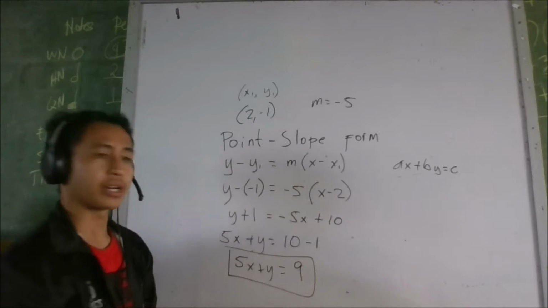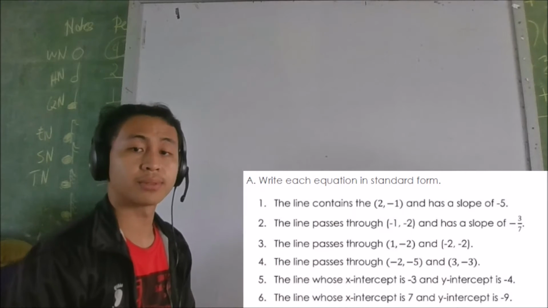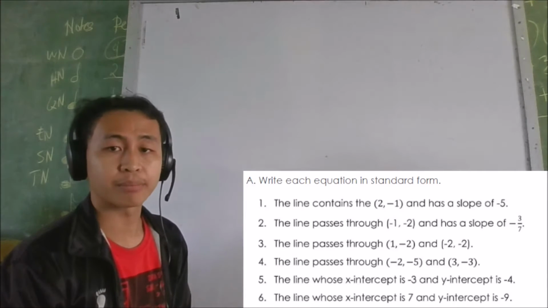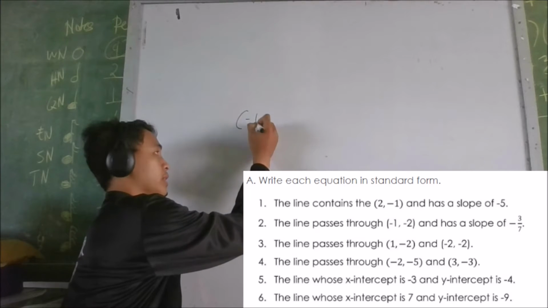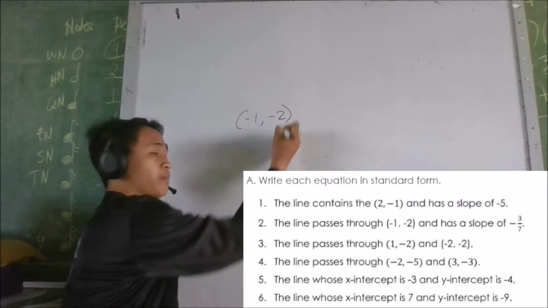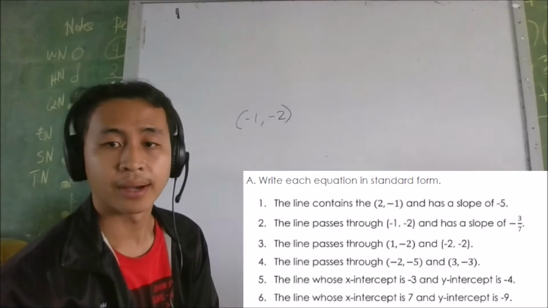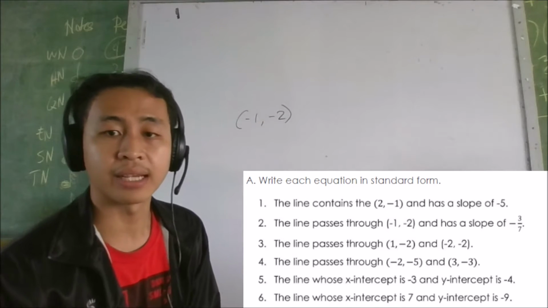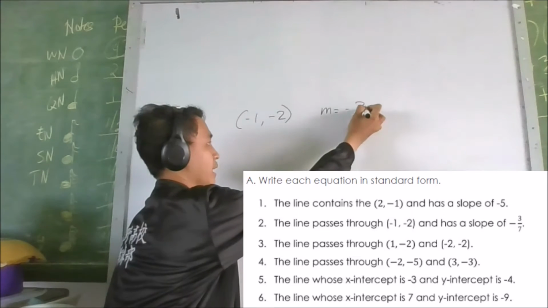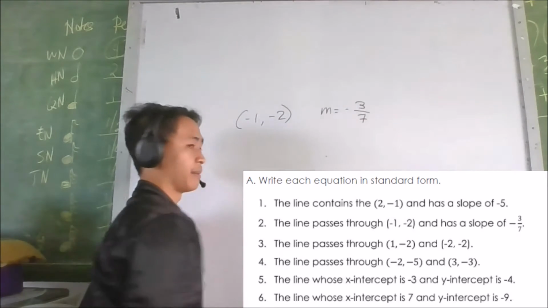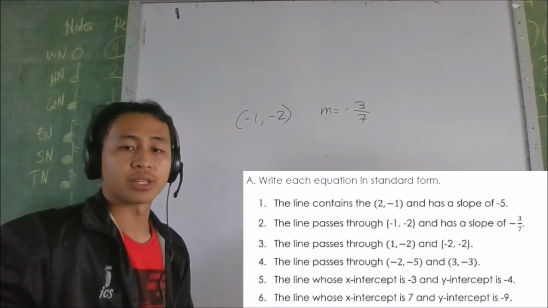That is our answer. Okay, next problem, students, is the line that passes through negative 1, negative 2. Okay, so yung point natin is negative 1, negative 2. Okay, and then has a slope of negative 3 over 7. So has a slope of negative 3 over 7. So find the equation of the line.